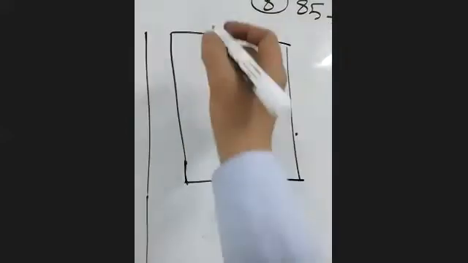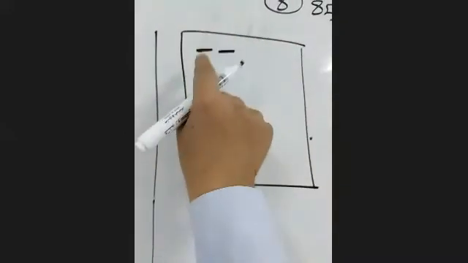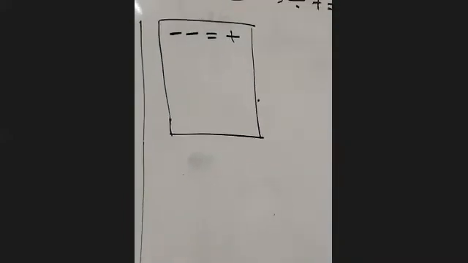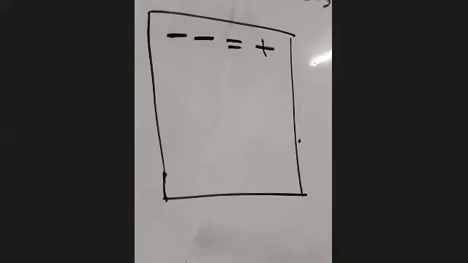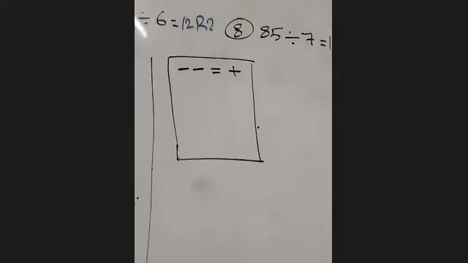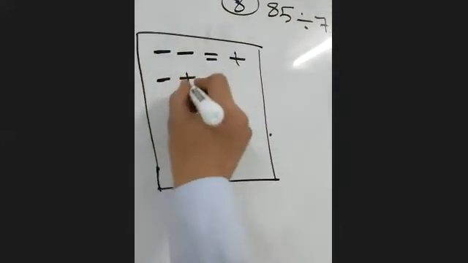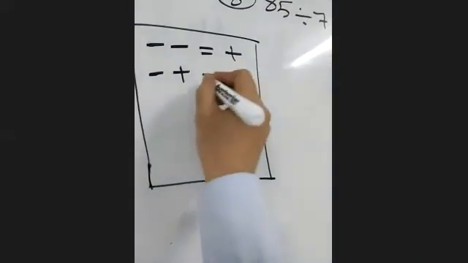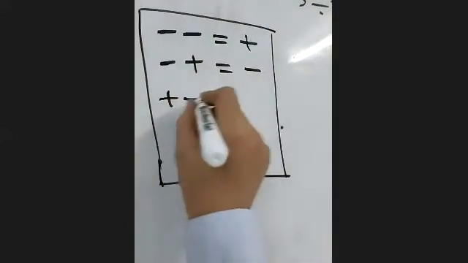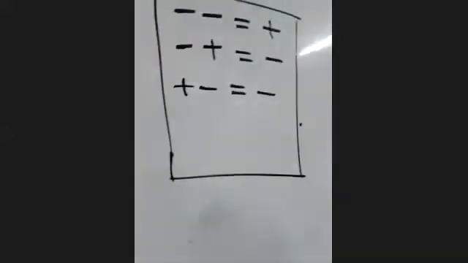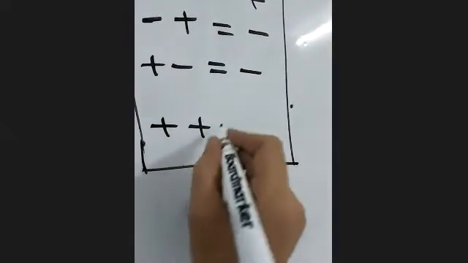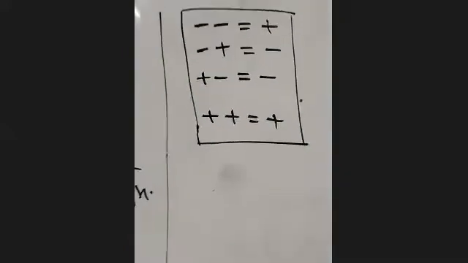If we have two negatives besides each other, this means positive. Why? Later on we will know. If we have negative and positive besides each other, this means negative. If we have positive and negative besides each other, this means negative also. If we have positive and positive besides each other, this means positive.